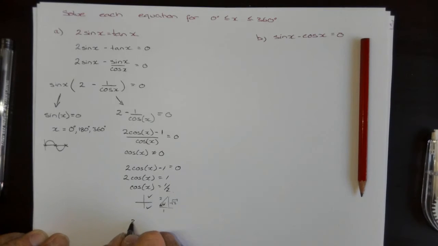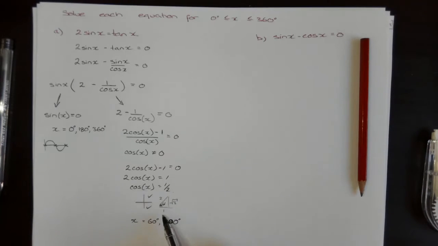So we get x is 60, as well as 360 minus 60, which is 300. Sorry. So cos is equal to half. Yep. Okay.